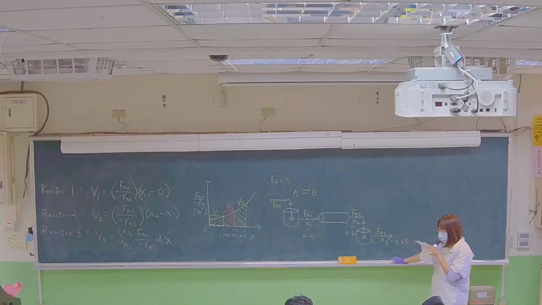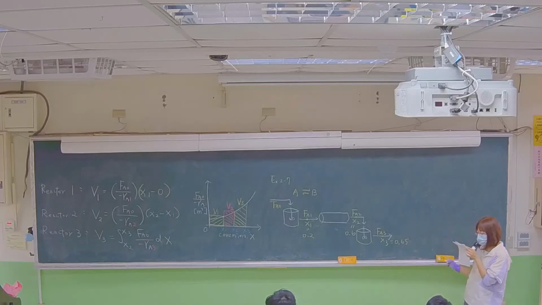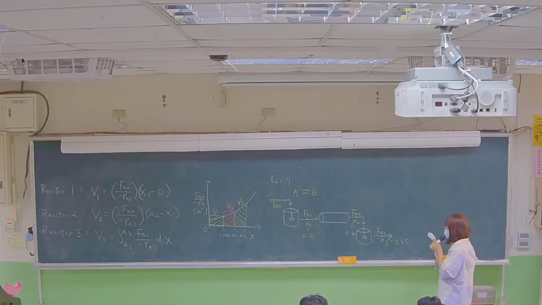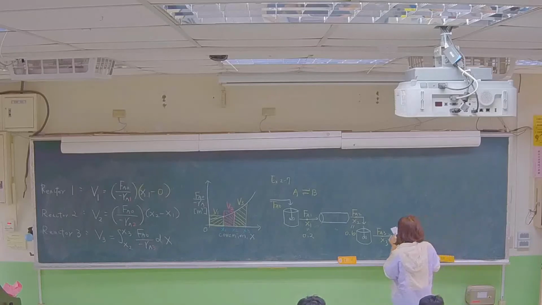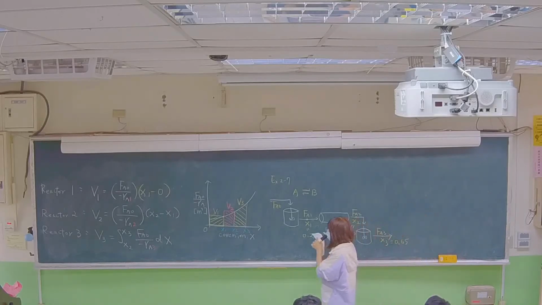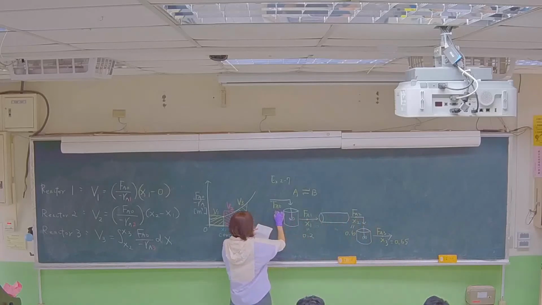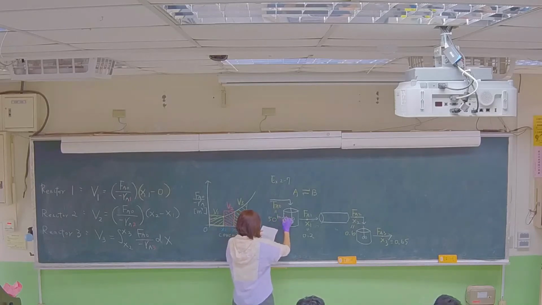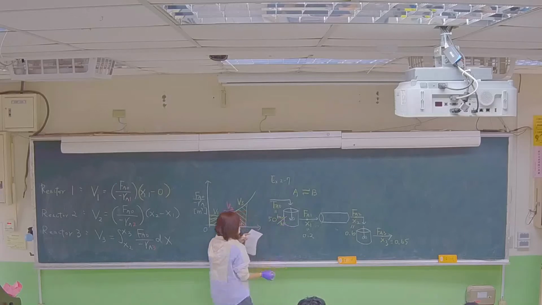From the sentence, the entering molar flow rate is 50 kmol per hour. So we can just put the information here. FA0 is equal to 50 kmol per hour.